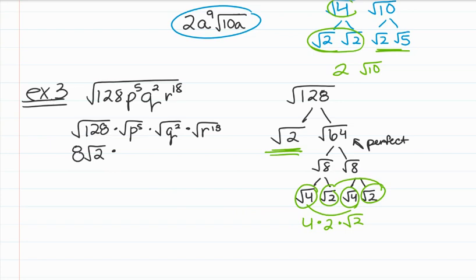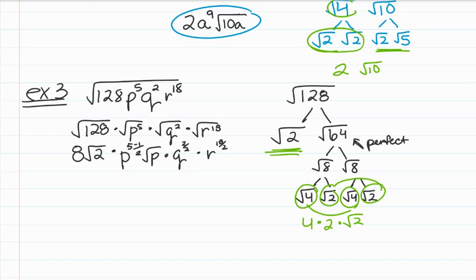Okay, so you have a lot of different options. So then for the p to the 5th, it's going to be p to the 5 minus 1 over 2 because it's odd, right? Times the square root of p. Q squared, that's an even, so that's going to give me just q. Right? We take the exponent and divide it in half. R to the 18th, 18 is even. 18 divided by 2.